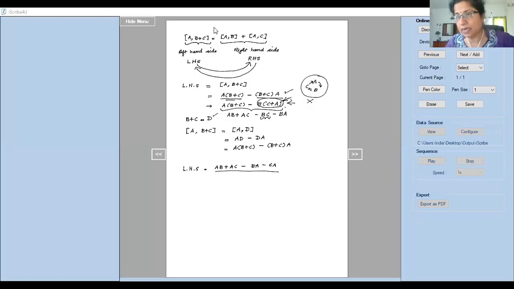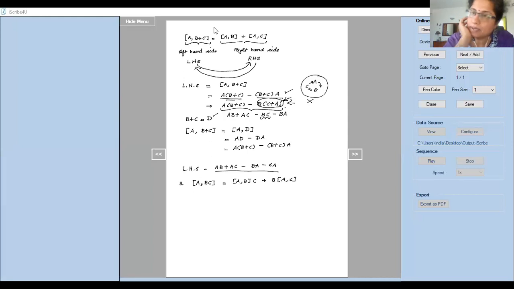Okay. So we are back here and let's have a look at the third relation. What was it? Essentially, it said A commutator BC is equal to A commutator BC plus BAC.